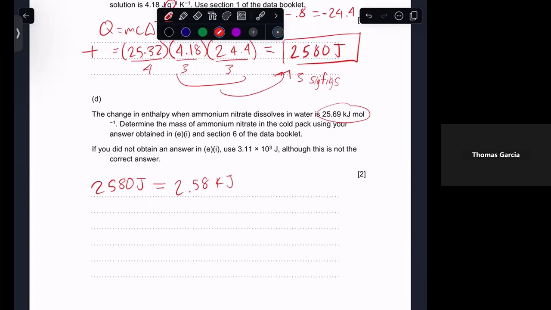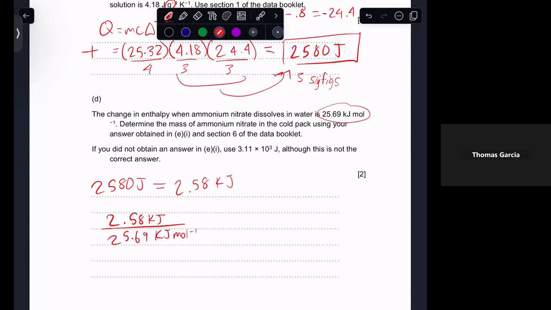So what we're going to do is take 2.58 kilojoules, divide it by 25.69 kilojoules mole inverse.